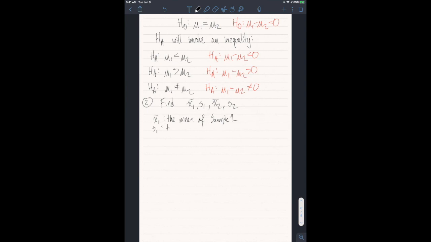S1 is the standard deviation of sample 1. X2 bar is the mean of sample 2. And s2 is the standard deviation of sample 2.